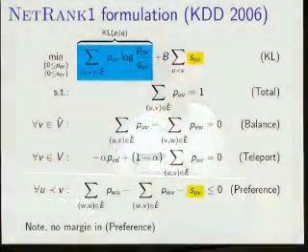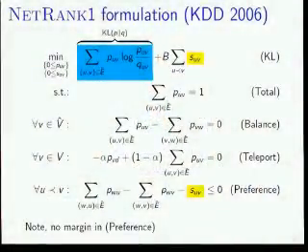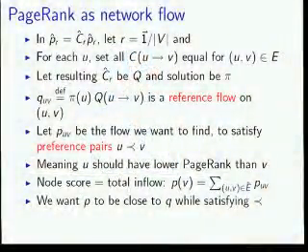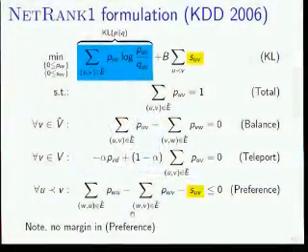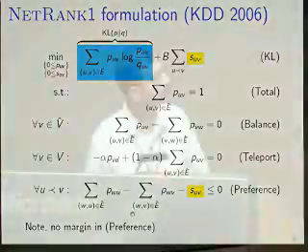So this is what the optimization looks like. It sort of looks complicated, but it's actually not. So I want P to be close to Q, and we do that because they're both multinomial distributions, through a simple KL divergence. So I want to keep P close to Q while reducing violations, and those are measured by the slacks marked as these yellow boxes, and that's the usual SVM-like nuisance parameter.